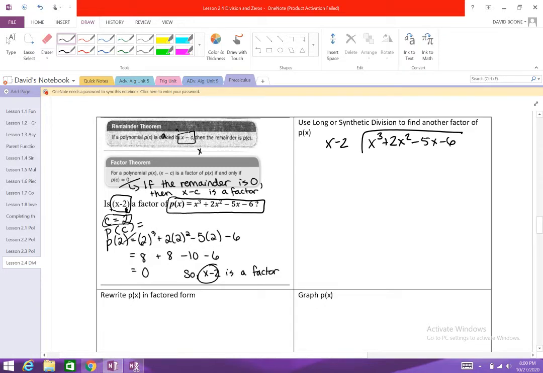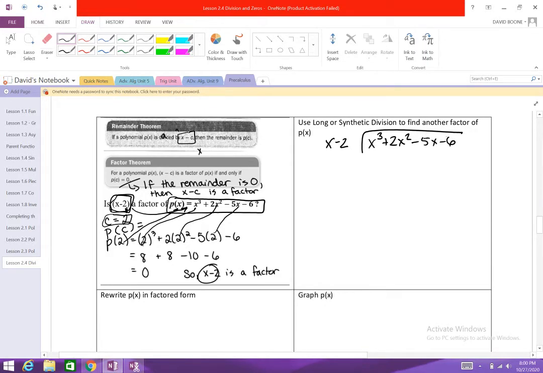When I put this in, I'm just substituting 2 into this equation, into each x. And do all the work here, I'll see that it comes up to be 0. Well, that's my remainder. My remainder is 0. If my remainder is 0, then this x minus 2 factors perfectly into that polynomial.